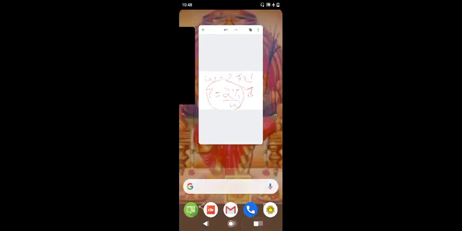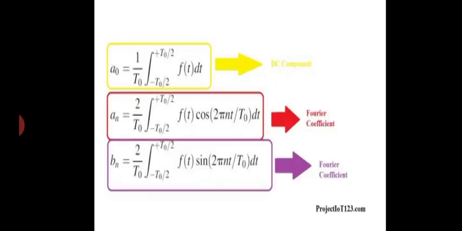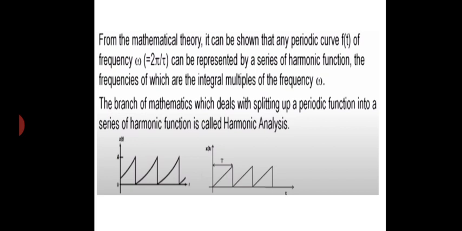Okay, next see this expression. From mathematical theory, it can be shown that any periodic curve f(t) of the frequency omega equal to 2 pi by tau can be represented by a series of harmonic functions, the frequencies of which are integral multiples of the frequency.